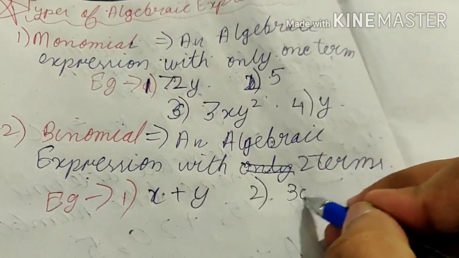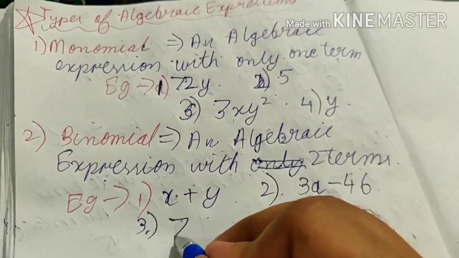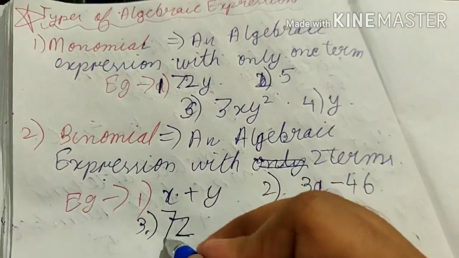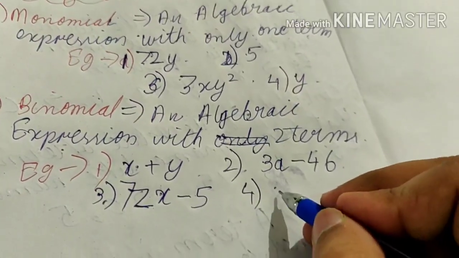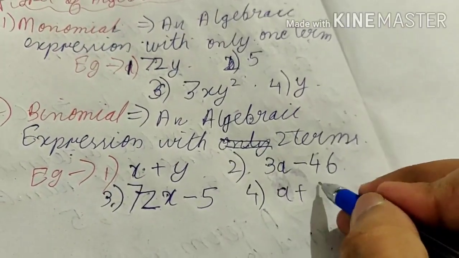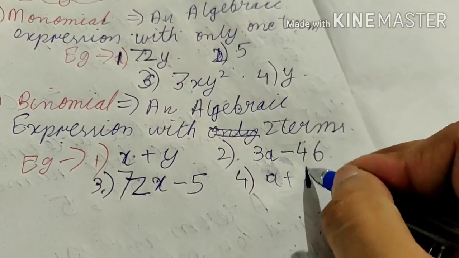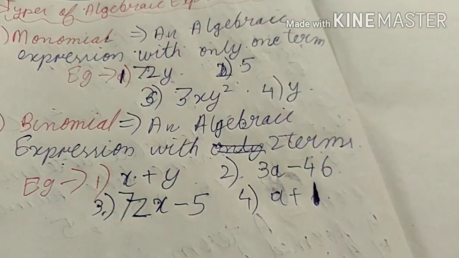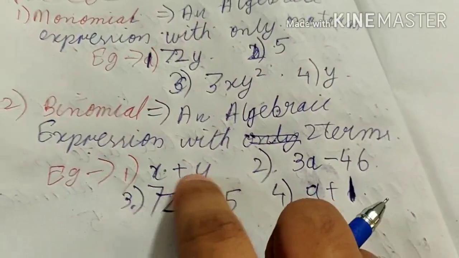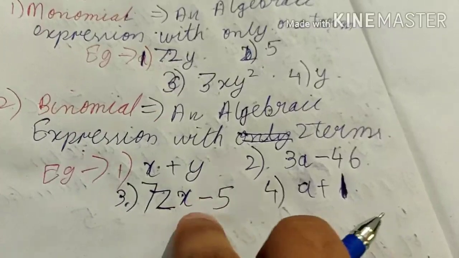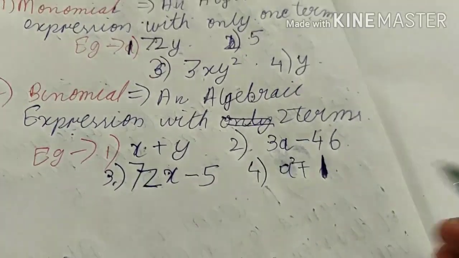Second example here is 3a minus 4b. Third example is 7zx minus 5. Fourth example is, take it, a plus b or a plus 1. Okay, these are the four examples. There are only two terms present here. First plus second means two terms in addition, or two terms in subtraction. Okay, write it a square plus 1.